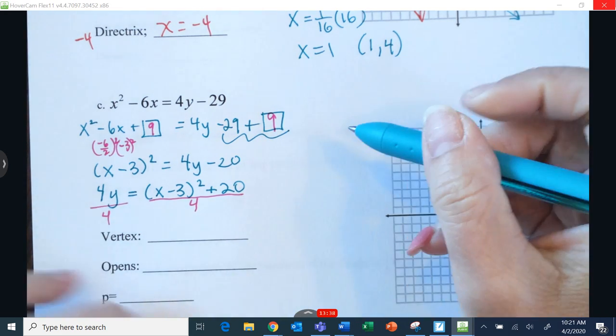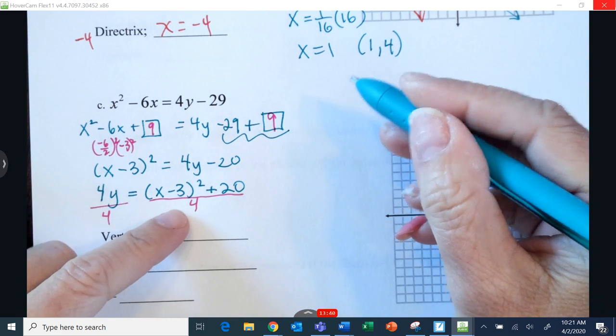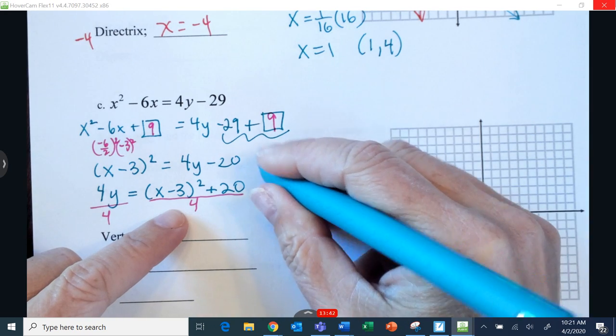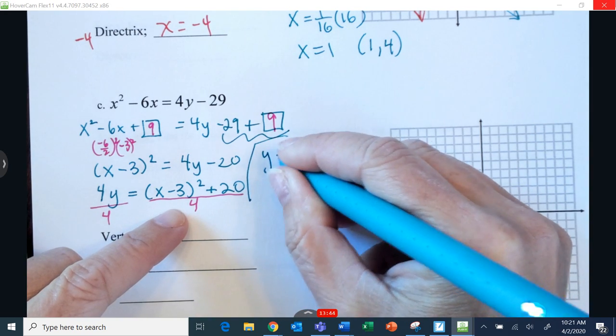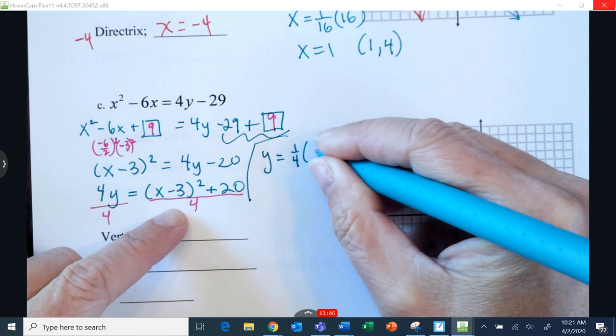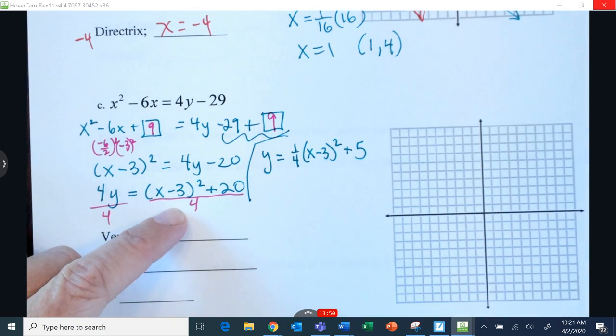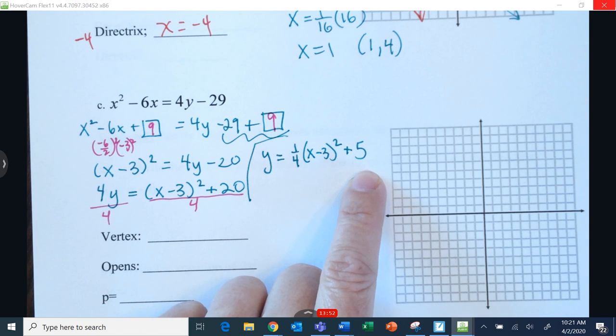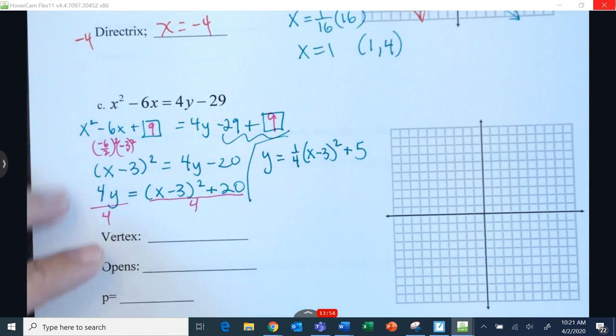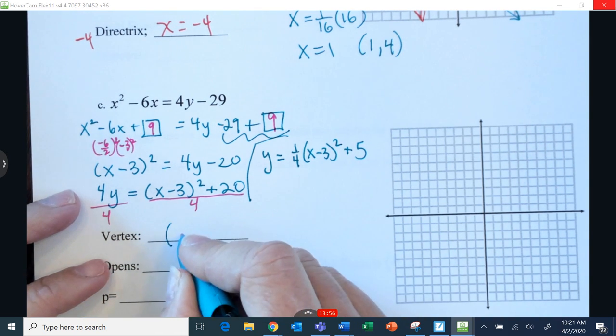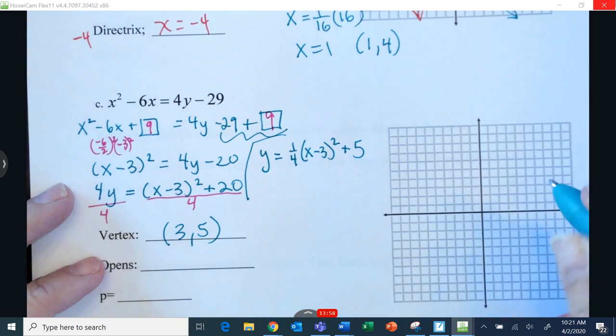So when I divide the entire side by 4 or multiply the entire side by 1/4, I'm going to get y equals 1/4 (x minus 3) squared plus 5. So if I don't divide that, we're definitely going to have the wrong vertex. So my vertex is (3, 5).